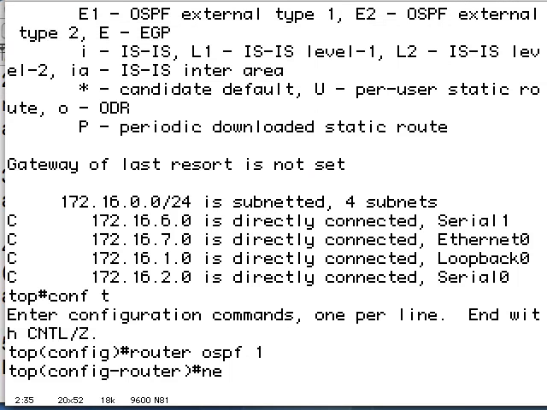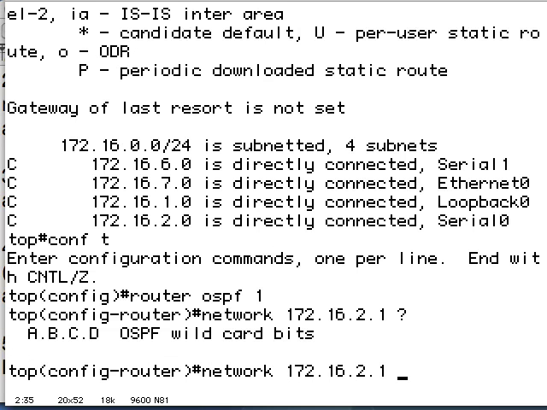So network 172.16.2.1, although that would have worked without the K because of command line completion. 172.16.2.1, let me hit a question mark. Now it needs wildcard bits.